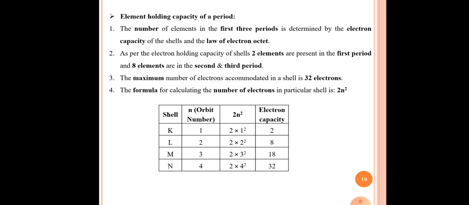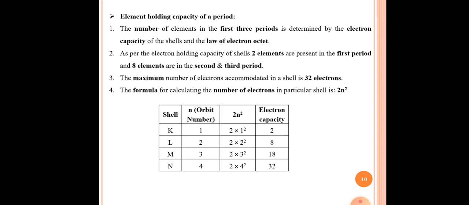The second point here is, as per the electron holding capacity of the shell, two elements are present in the first period and eight elements are present in the second and third periods. The third point is, the maximum number of electrons accommodated in a shell is 32 electrons.